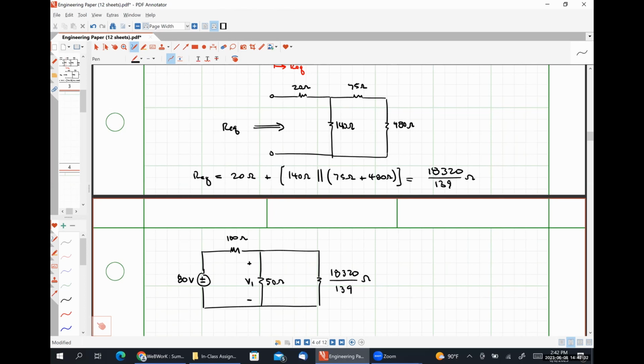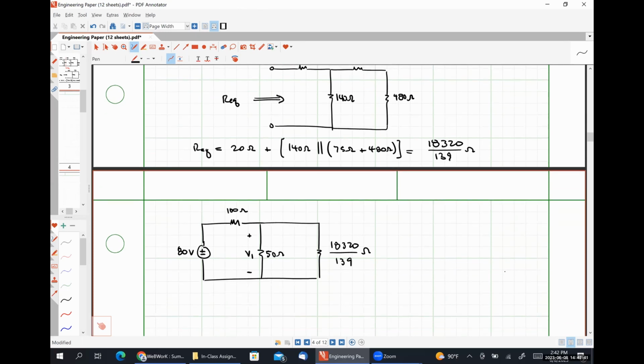And this is the voltage V1, right? Well, how could I solve for the voltage V1 now? Well, these two resistors, the 50 ohm resistor and that 18,320 over 139, are in parallel, which means they have to have the same voltage drop over them.